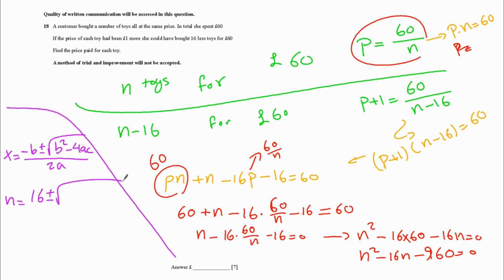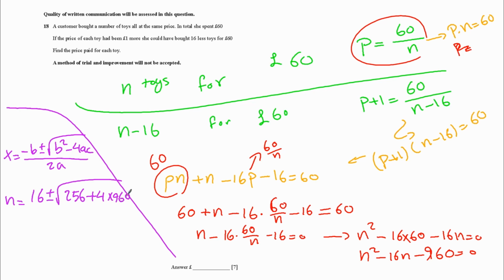When I come to minus 4ac, because c is minus, and I have another minus before 4, so minus times minus would be plus. So I'm going to write plus 4 times 960 times 1, divided by 2a, which is just 2 times 1.